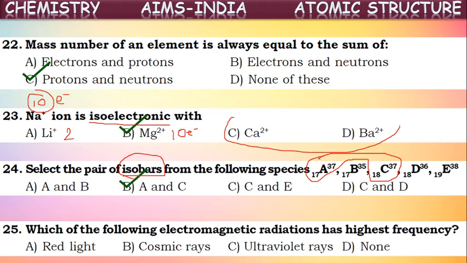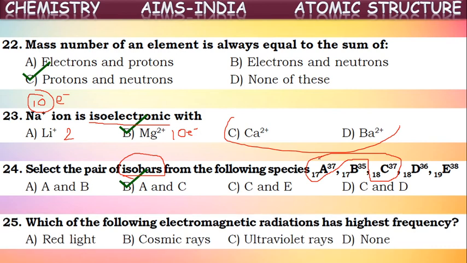Okay, next one. Which of the following electromagnetic radiations has the highest frequency? So we have studied the electromagnetic spectrum in the earlier classes. The radiations with a greater wavelength will be having less energy or less frequency. They are radio waves. That is why they won't cause any harm to us.